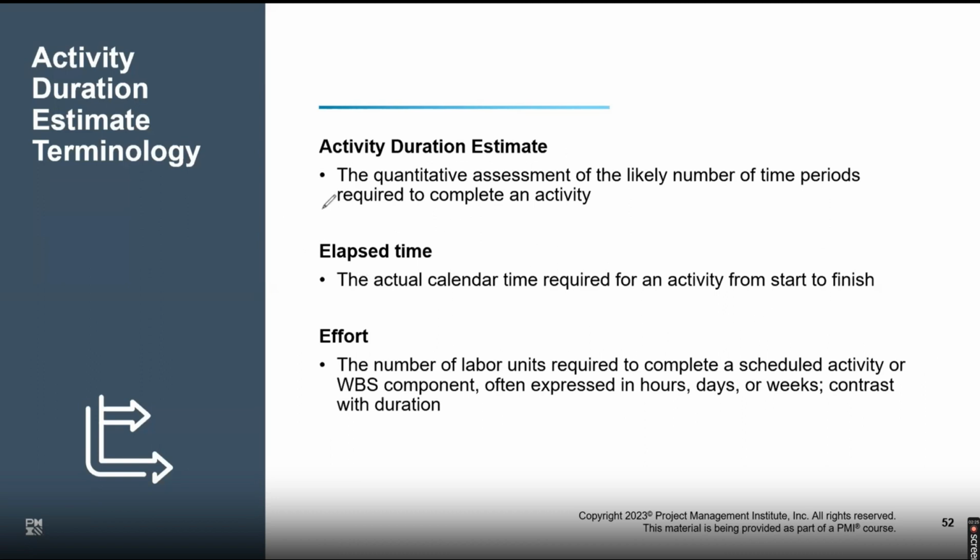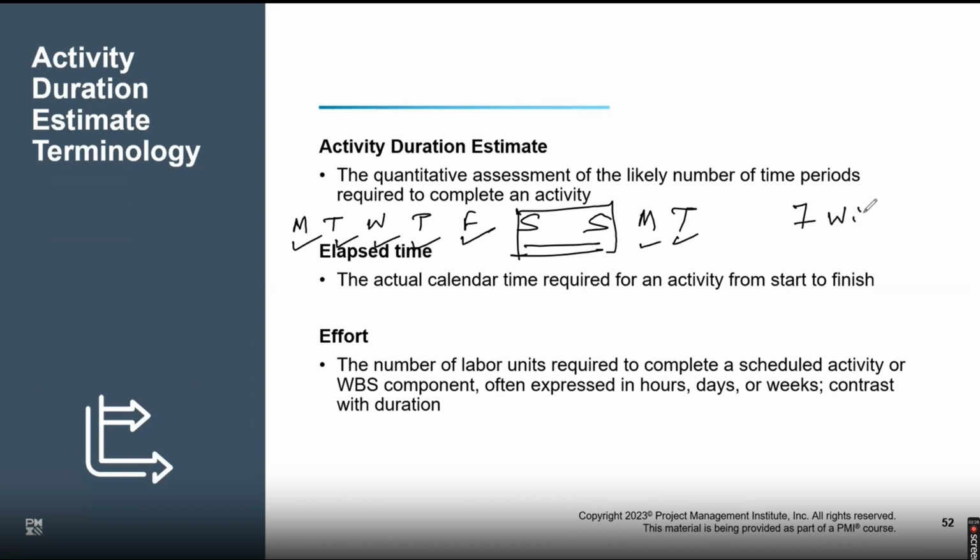So it says this is Monday, Tuesday, Wednesday, Thursday, Friday, Saturday, Sunday, Monday, and Tuesday. Saturday and Sunday are non-working days, the off days. The project duration is 7 working days: 1, 2, 3, 4, 5, 6, 7. But my elapsed time is 9 days.